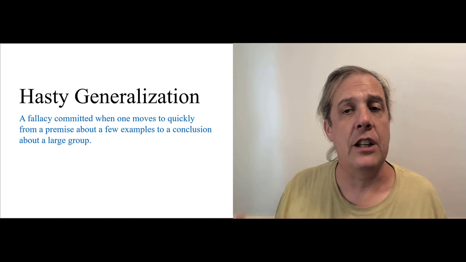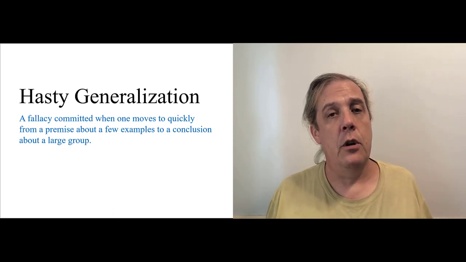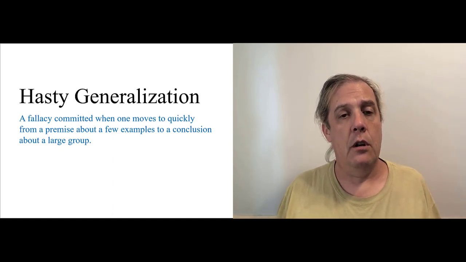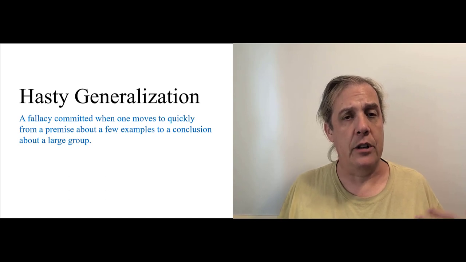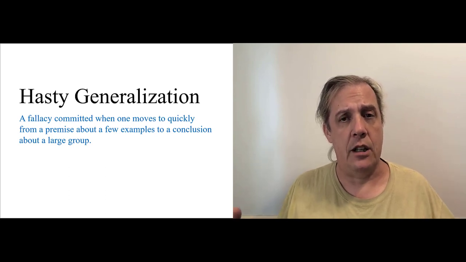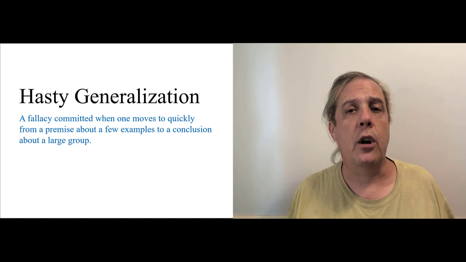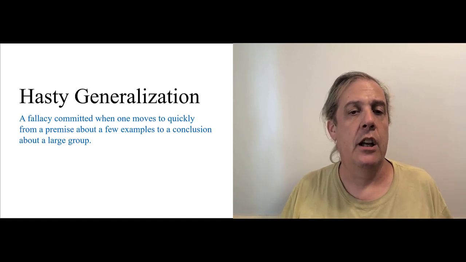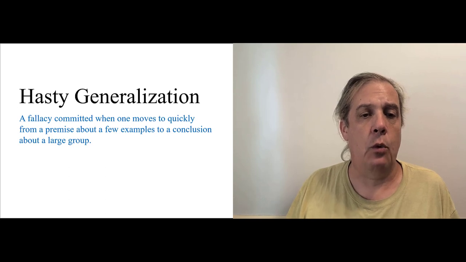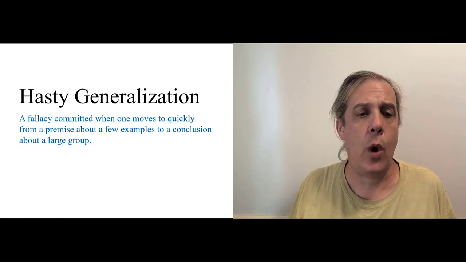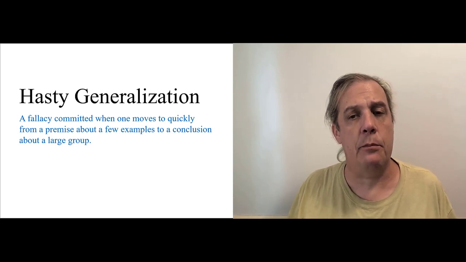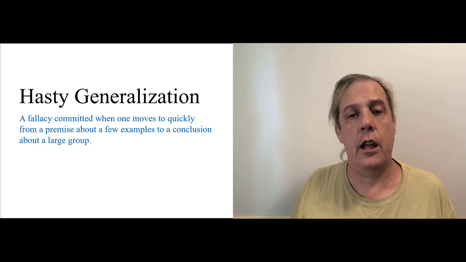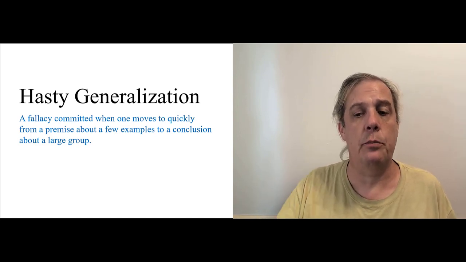So there's a fallacy that goes with the style of argument, the argumentation scheme, inductive generalization. We call it a hasty generalization, right? So this is a fallacy when one moves too quickly from a premise about a few examples to a conclusion about a large group.